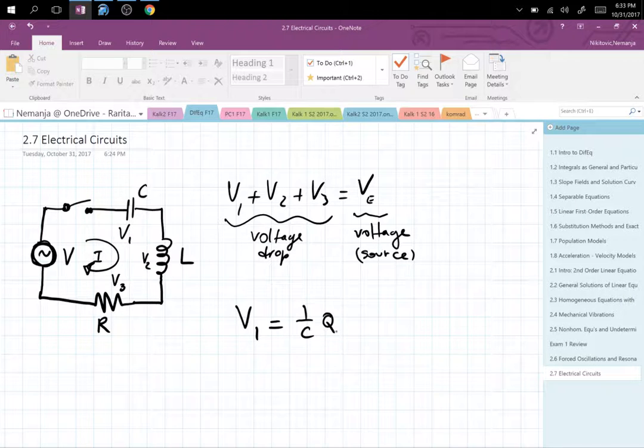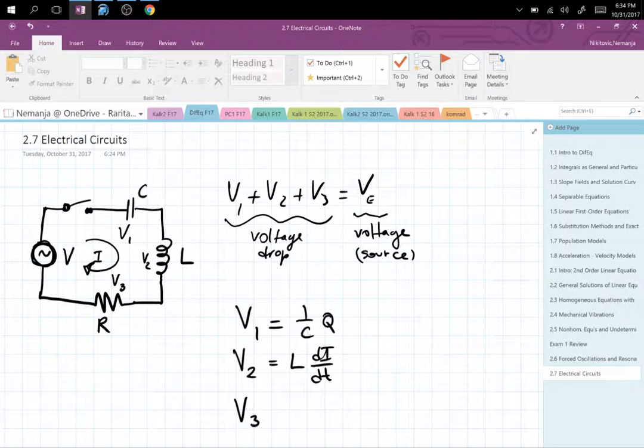So capacitors get charged, they store electrical energy, and then they release it when it's necessary. So 1 over C times Q. The voltage on the inductor, our V2, is L times di dt, which is the inductance times the change in current over time.